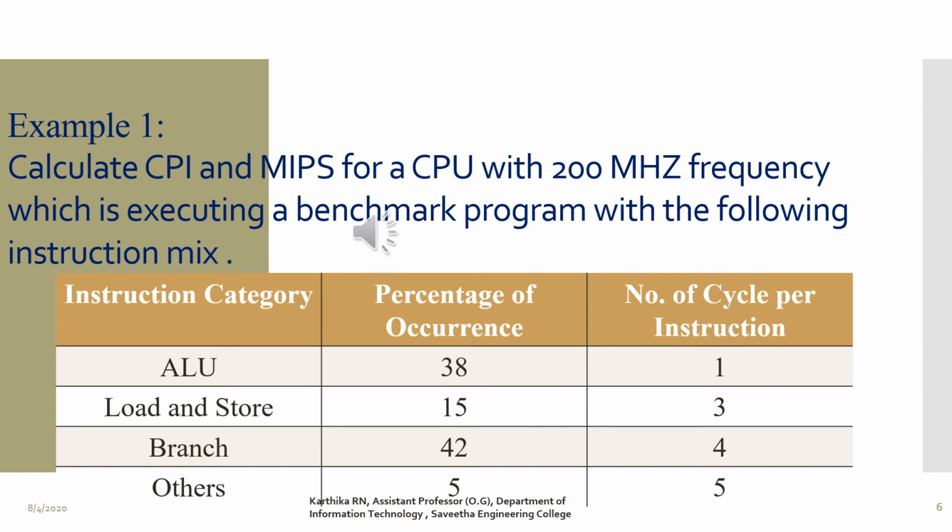The ALU category contains 38% with 1 cycle per instruction, and load and store contains 15% of occurrence with 3 cycles per instruction. Next comes branch, which contains 42% of occurrence with 4 cycles per instruction. Next is others, which contain 5% occurrence and 5 cycles per instruction.